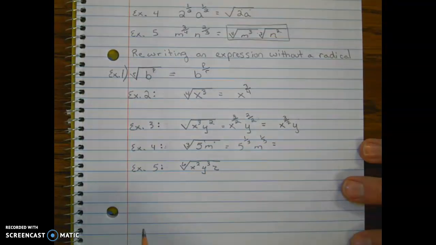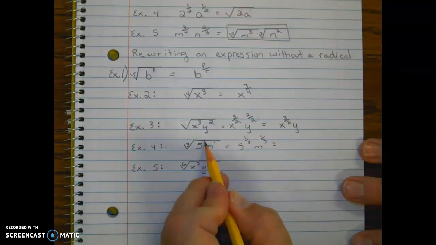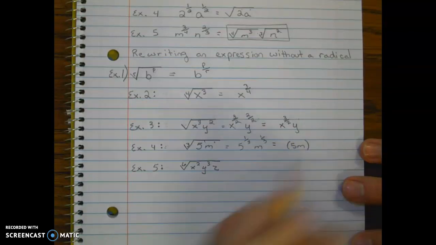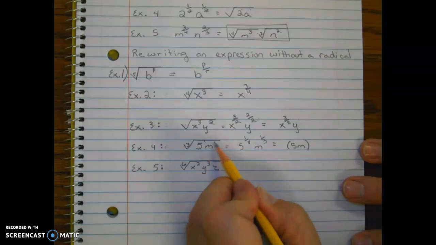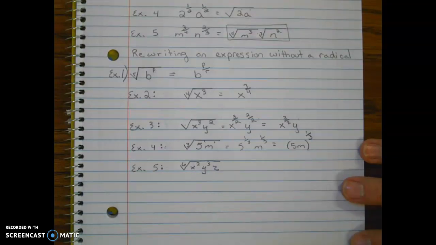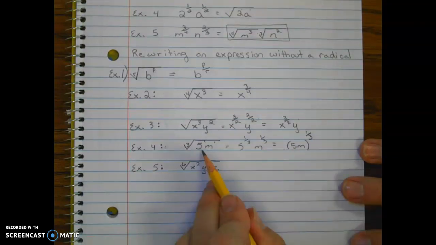A more efficient way of doing this, since they're both to the same power and they have the same root, is to group them together, and then the power for both of them is 1, the root for both of them is 3. These are all equivalent expressions.